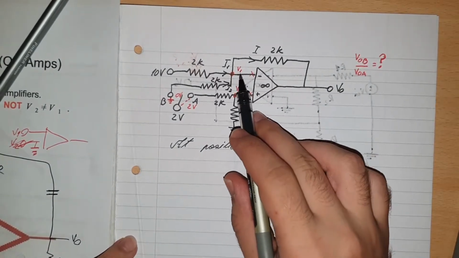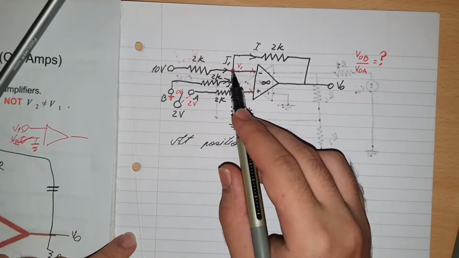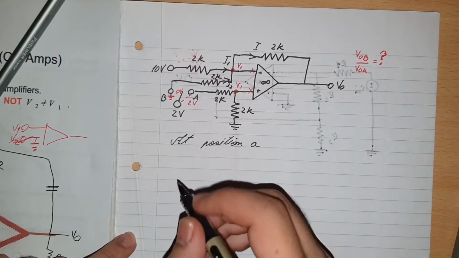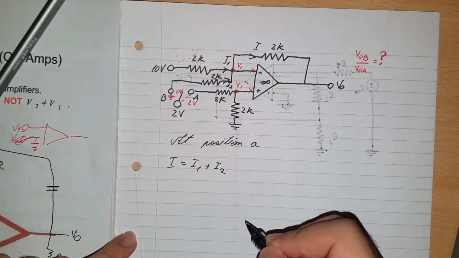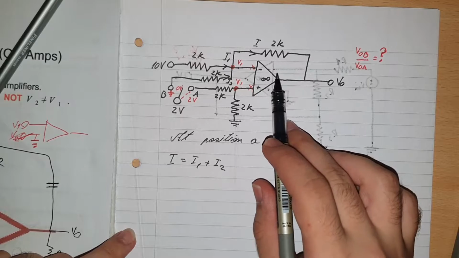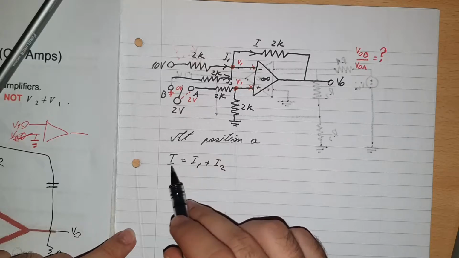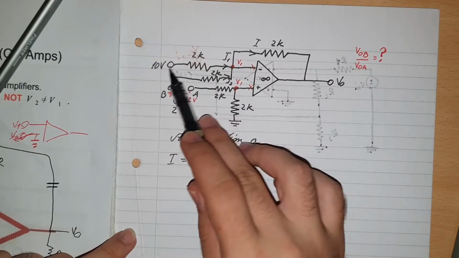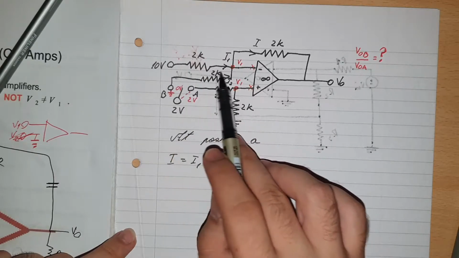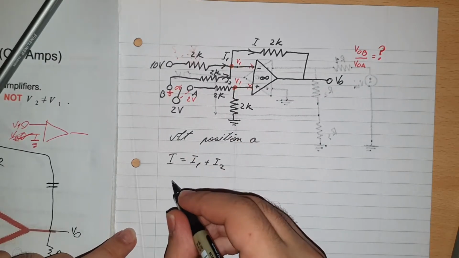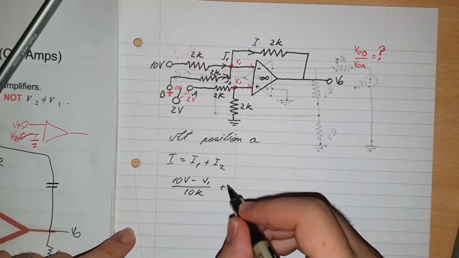Alright, and we can make this into a formula because I1 and I2 are coming into the node. We can say these are the positives, and that I is the negative. So I is equal to I1 plus I2. Now we simply have to calculate these values. Let's start with I1. I1 is this one here, and we apply Kirchhoff's current law, so that will be 10 volts minus V1 divided by 10K, plus, and now I2.